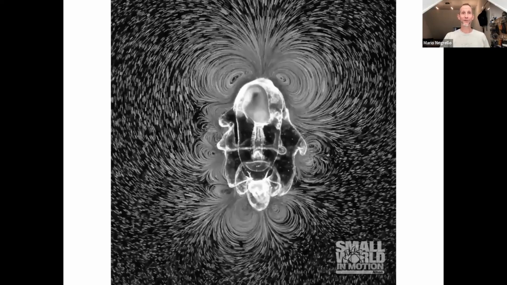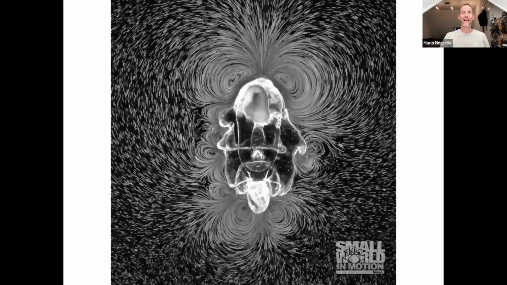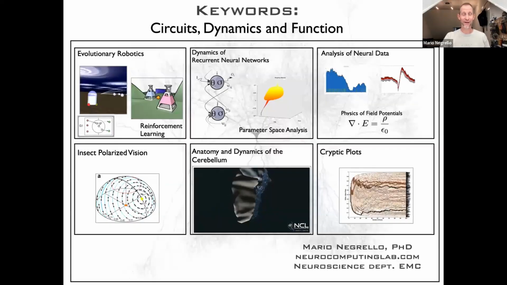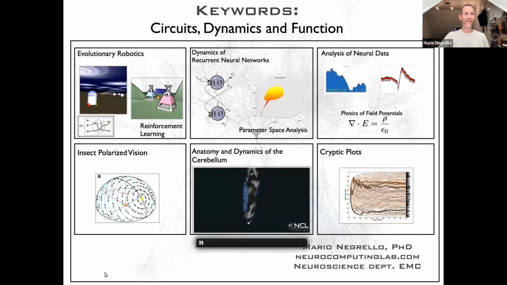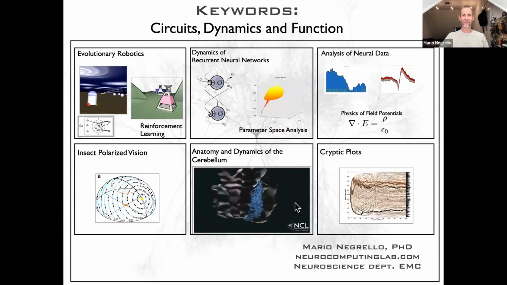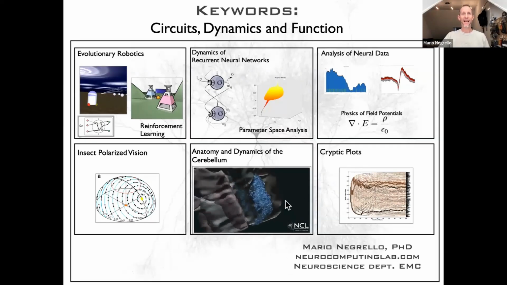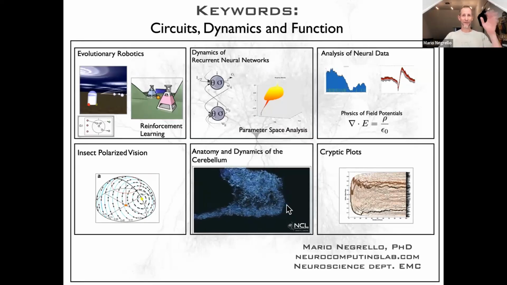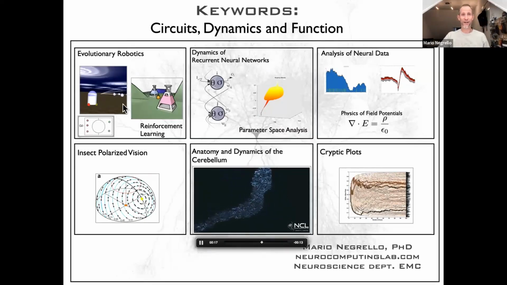Now, okay, I've introduced you to the starfish larvae, and I'm going to quickly introduce myself to you once again. So I'm Mario Negrello, and what I do for a living is computational neuroscience at the Erasmus Medical Center. And I've studied in a vast variety of these fields. So I had my PhD in the topics of evolutionary robotics.